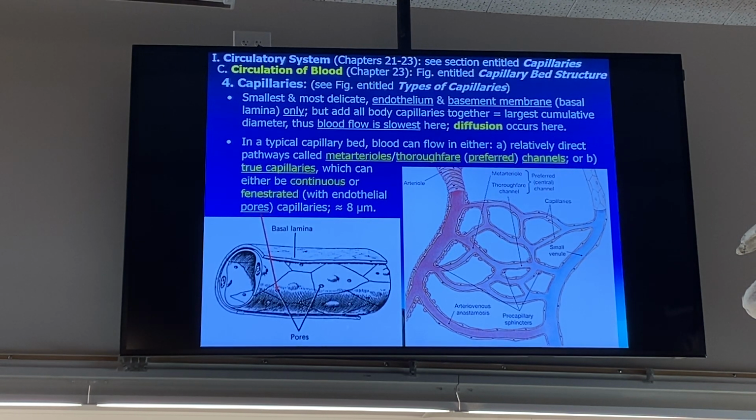The meta-arterial thoroughfare has the least fluid flow resistance. All right? And this is part of that micro-control of circulation with the precapillary sphincters.